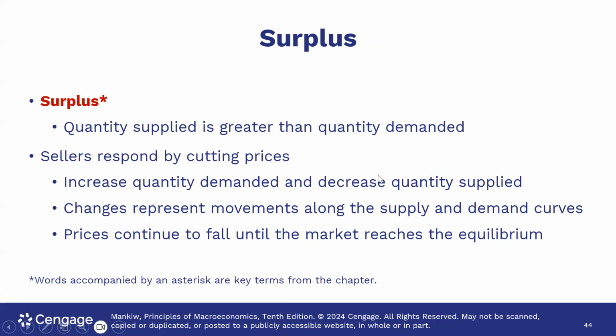So those two forces will work at the same time. So the changes represent movement along the supply and demand curves. The prices continue to fall until the market reaches the equilibrium. Okay, at the equilibrium, you will find that the supply and demand are exactly the same.